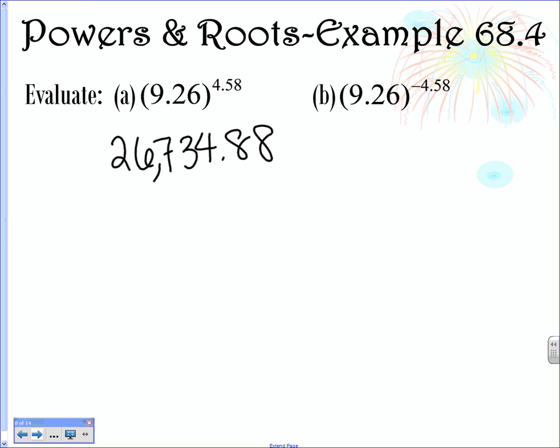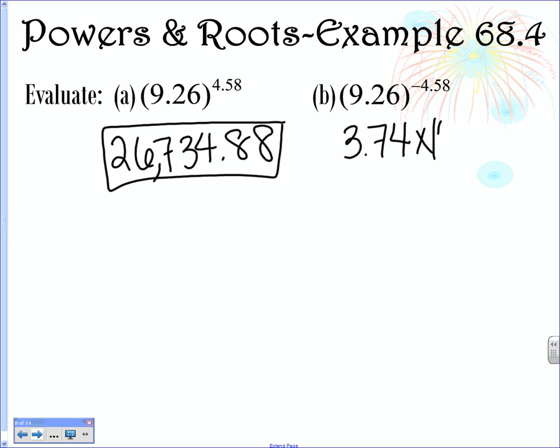What about for the second one? Y'all figure it out. Nope. That's what my calculator gave me.